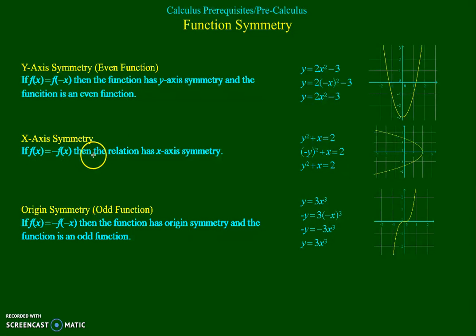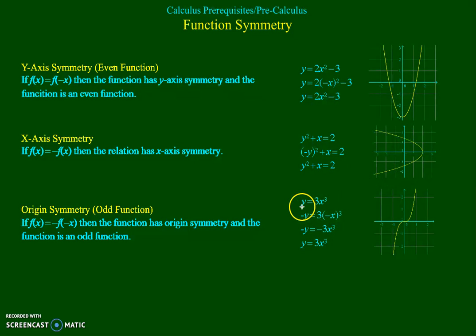For x-axis symmetry, we replace the y with a negative y. Negative y squared is still y squared, so these two are the same equations. Therefore, this is a relation that has x-axis symmetry.